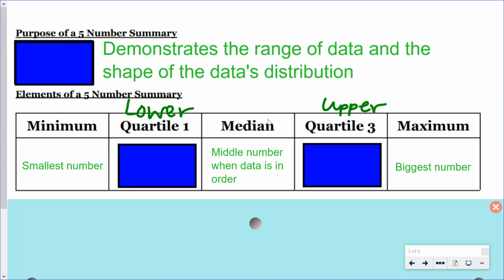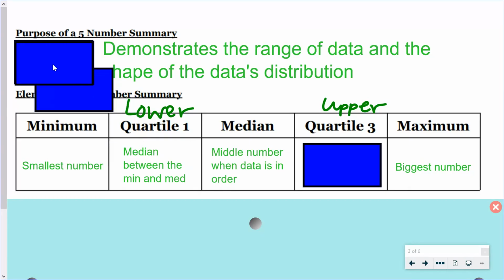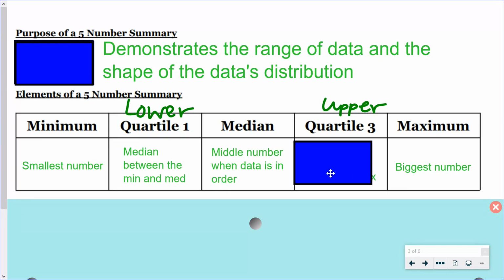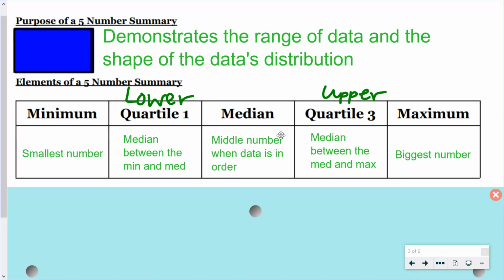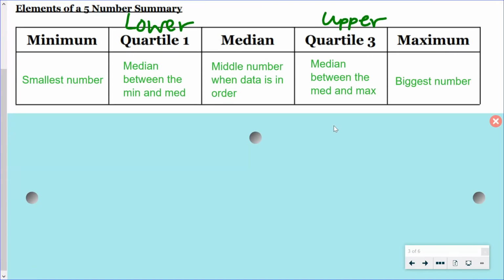If you think about the median splitting our data in half, we're then going to split it in half again. So our lower quartile is the median value between the minimum and the median. Quartile 3, or the upper quartile, is the median between the median and the maximum. So we're taking a set of data and splitting it into 4 equal sections.